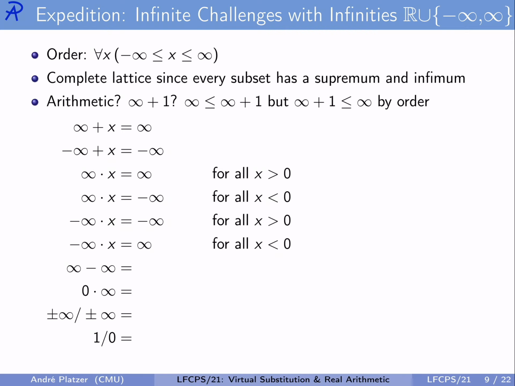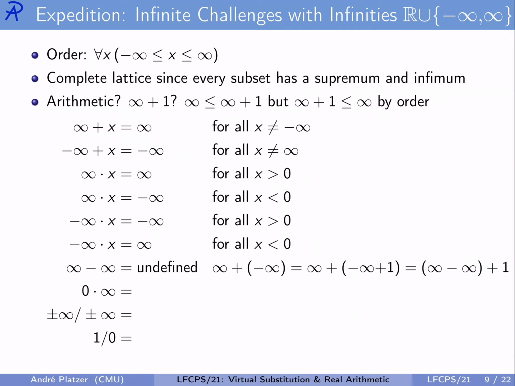What's infinity minus infinity? That we also somehow need to define. I guess that's actually kind of bad. That's really undefined because infinity minus infinity is of course nothing else than infinity plus the inverse of infinity. So it's infinity plus minus infinity. But wait a minute, right?